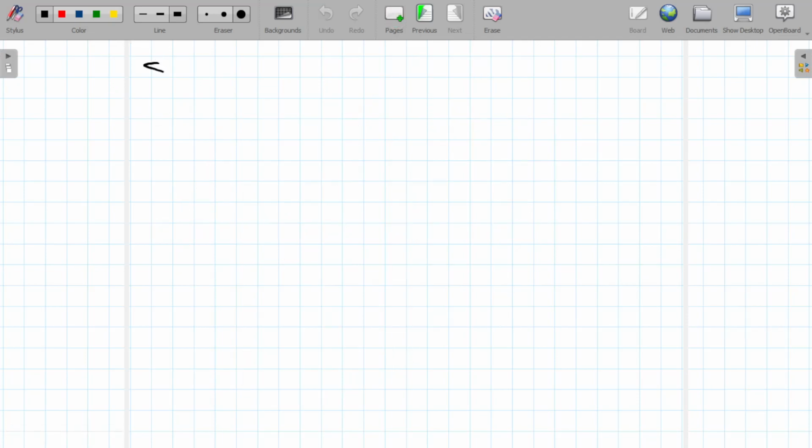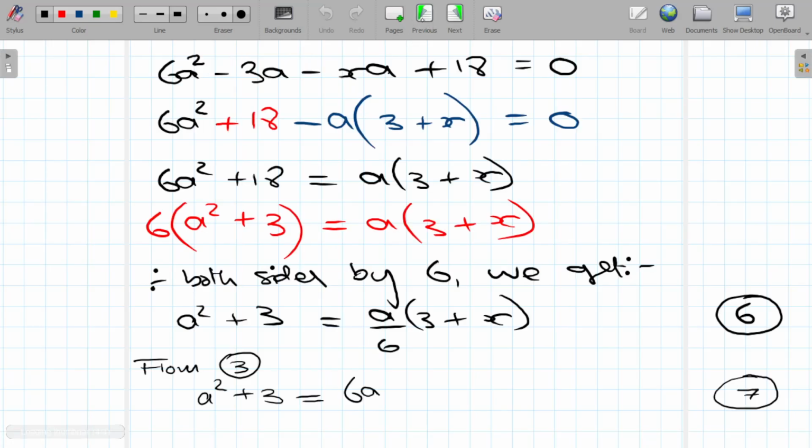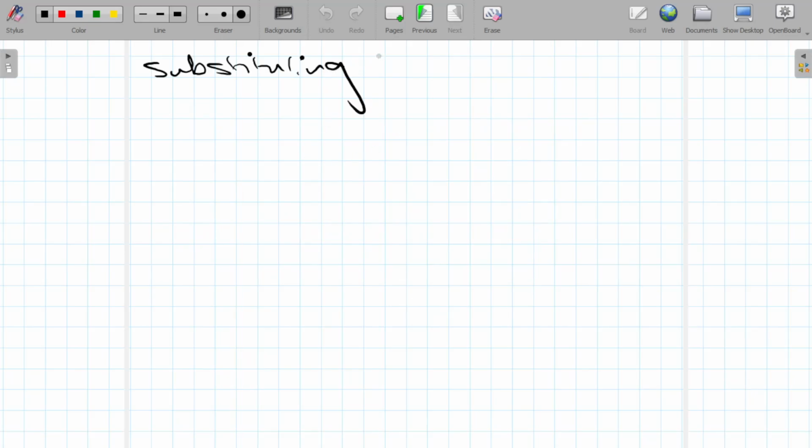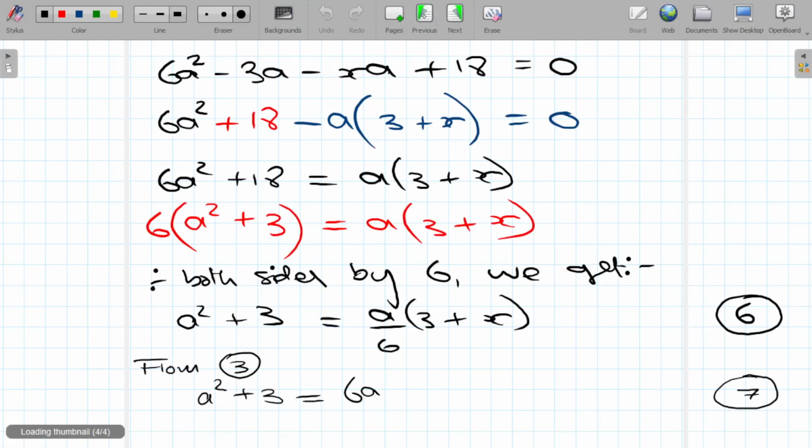So substituting, what looks easiest? I'll substitute 6 into 7 because we want the x on the left-hand side. Substituting equation 6 into equation 7, we get, now I have to just go back and look at this.